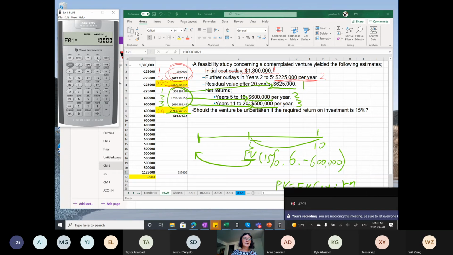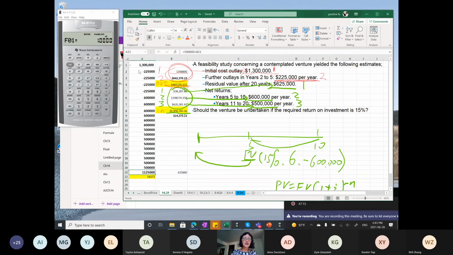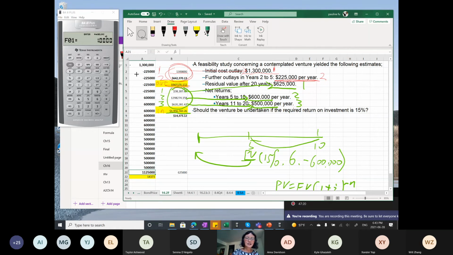Down arrow key. F represents frequency. How many times did this 225 happen? Remember I showed you how many times this number happened: 4 times. So frequency is 4. Enter.